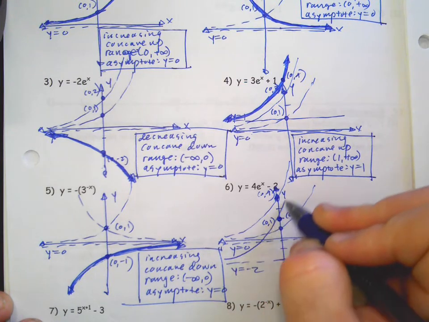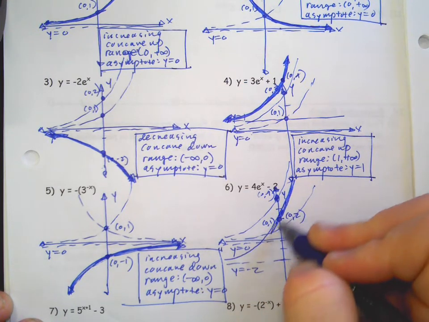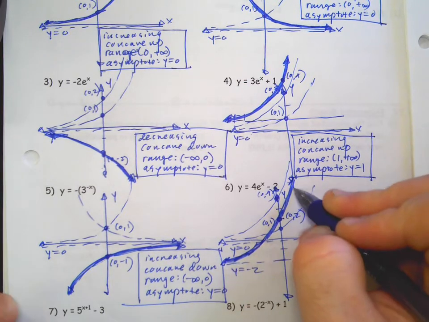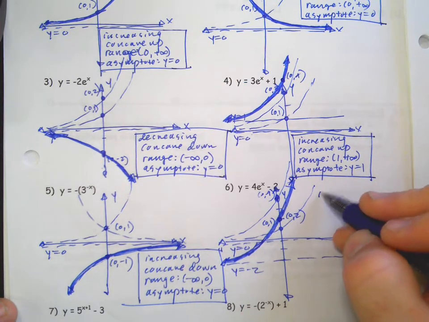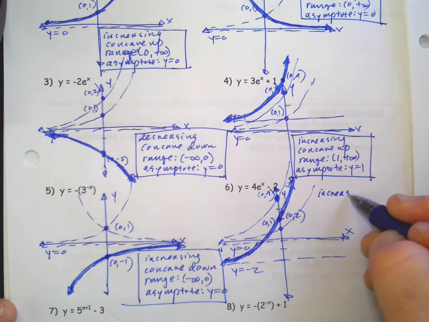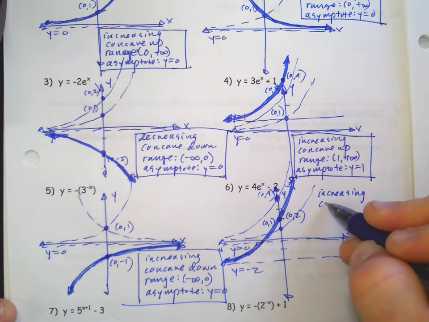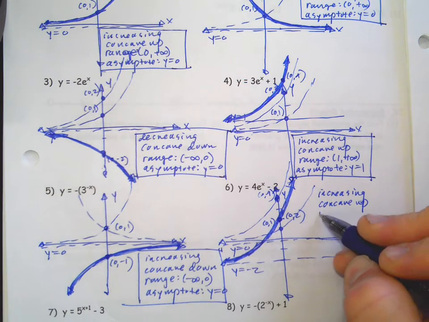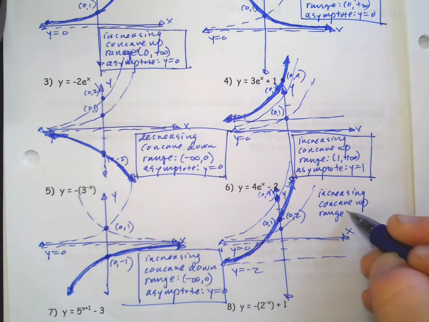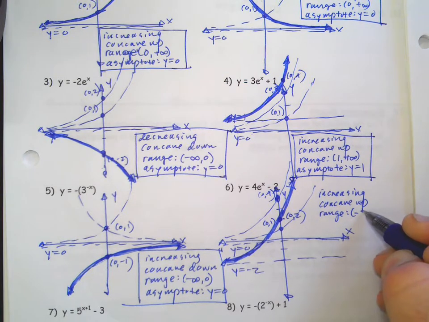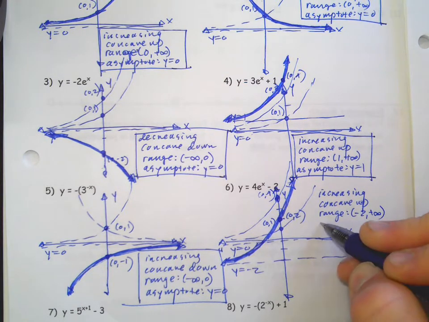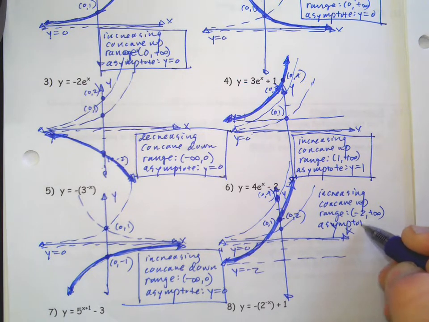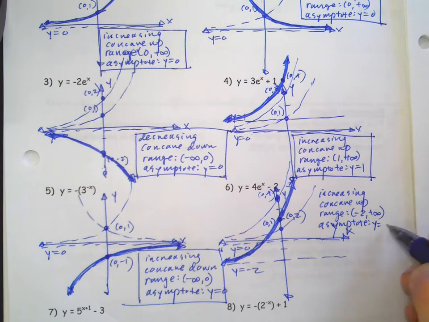And the graph looks kind of like that. And so the graph is increasing, concave up. Range is negative 2 to positive infinity. Asymptote is y equals negative 2.